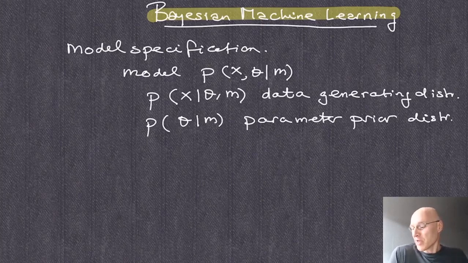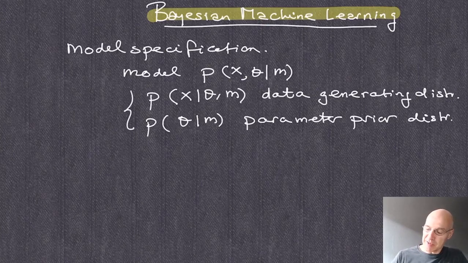If you multiply the data generating distribution with the parameter prior distribution, you're going to get your model. So these two, this is your model specification, and you have to come up with proposals for that. That, by the way, is also almost your only task. From now on, everything is automated by the Bayesian framework.